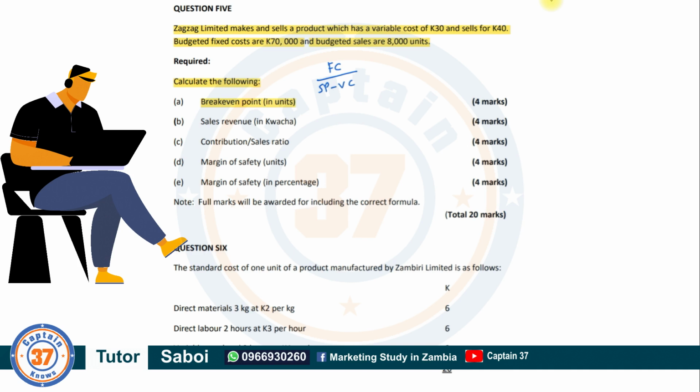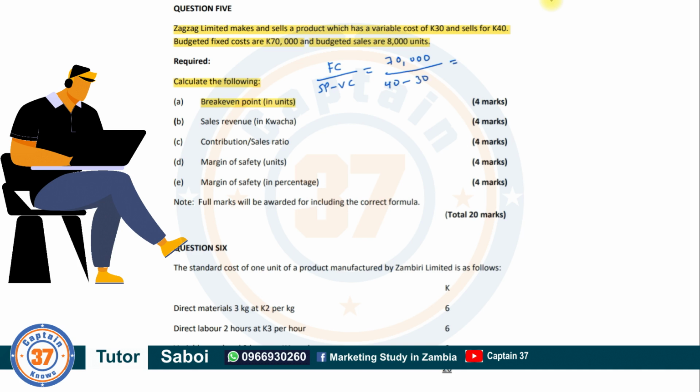So in this case, what we're going to have is 70,000, which is the fixed cost, not 7,000, I apologize. 70,000, you divide this by the selling price, which is 40, minus the variable cost, which is 30.